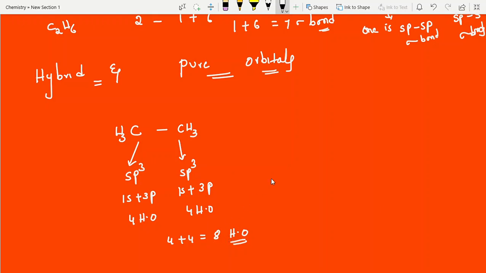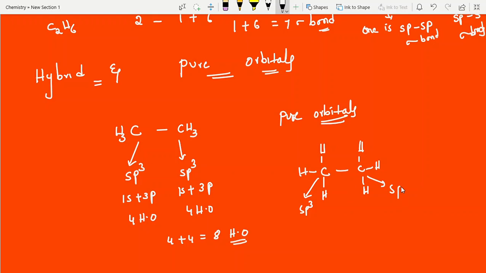Clear? Now next, pure orbitals. How to calculate pure orbitals? Just write the expanded form, students. We have discussed the concept just now. This is hybrid orbitals, sp3 hybridization. After completion of hybridization, hydrogens came and overlapped. This hydrogen overlapping we call pure orbitals.